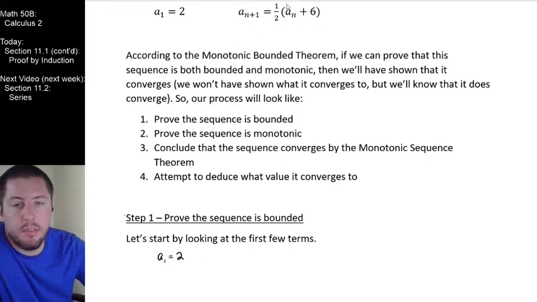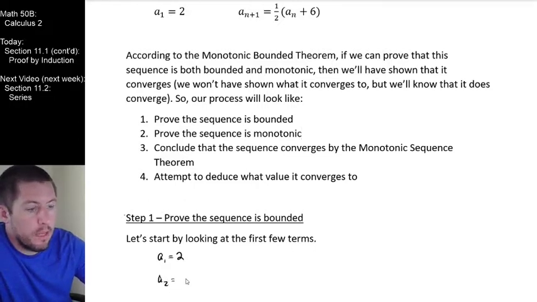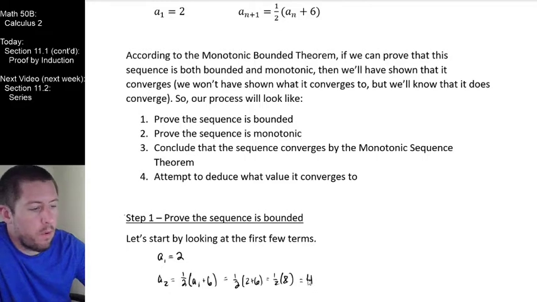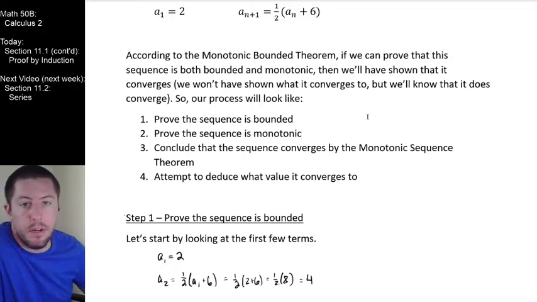Based on our recursively defined step, a sub 2, so that's like letting n be equal to 1, should be equal to 1/2 a sub 1 plus 6. That's going to be 1/2 times 2 plus 6, which is 1/2 times 8, and that's going to be 4. So there's my second term in the sequence. It appears to be 4.